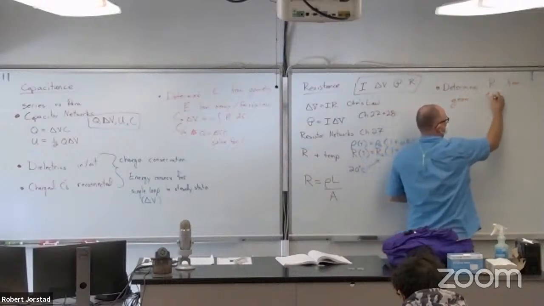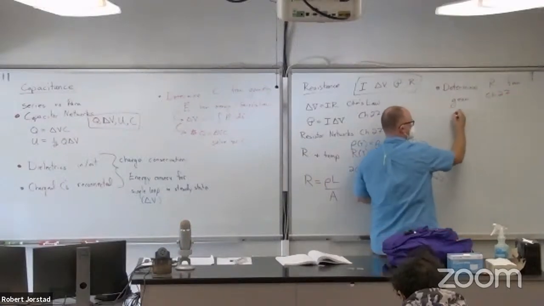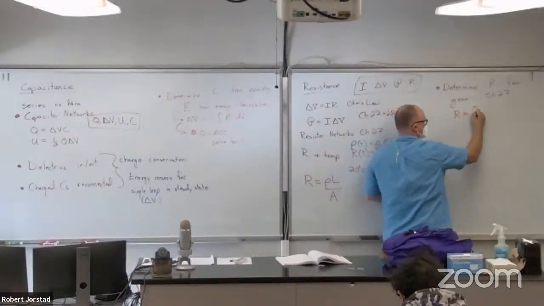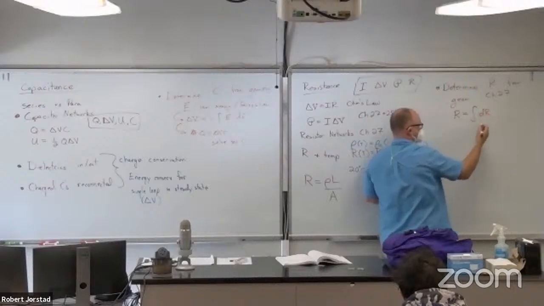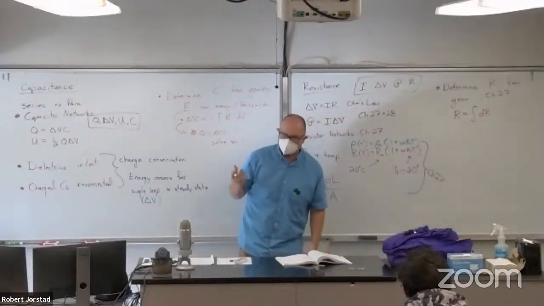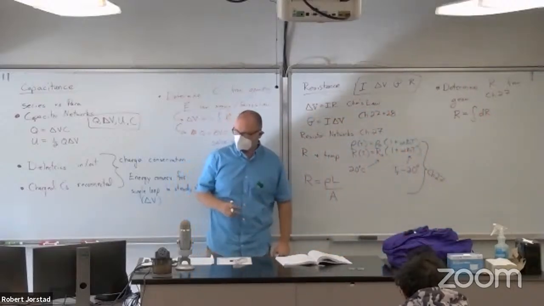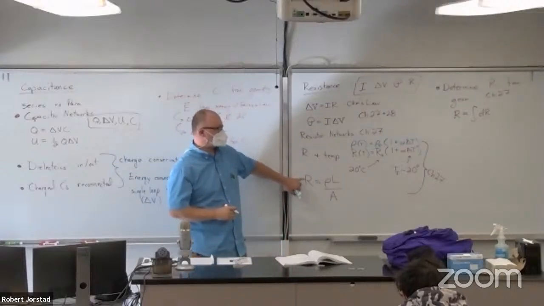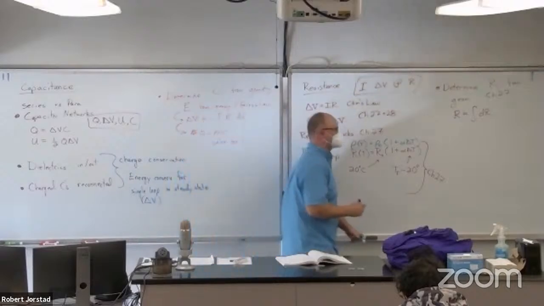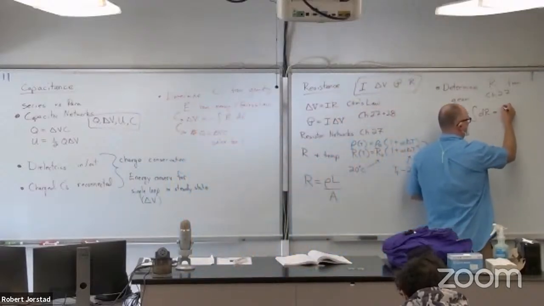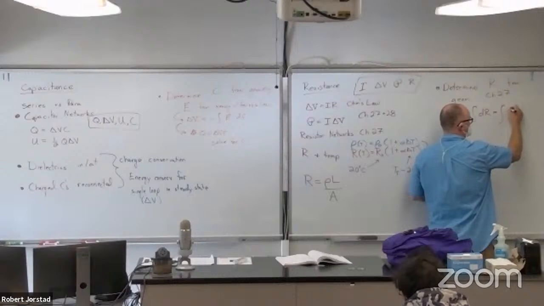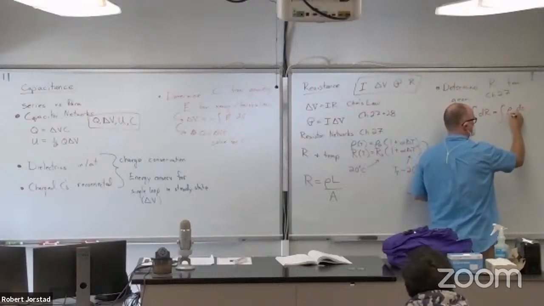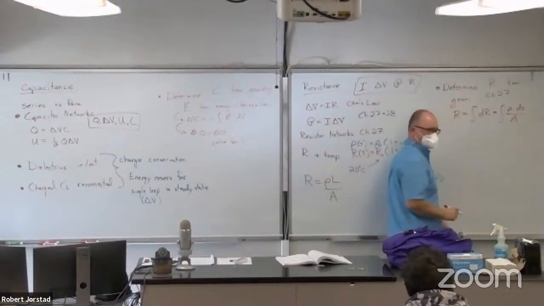So this is also chapter 27. I'll give you a hint. R is equal to the integral of dR is what we're going to use. Shocking. But this equation down here can help us rewrite this. That's the integral of rho ds over the cross-sectional area.